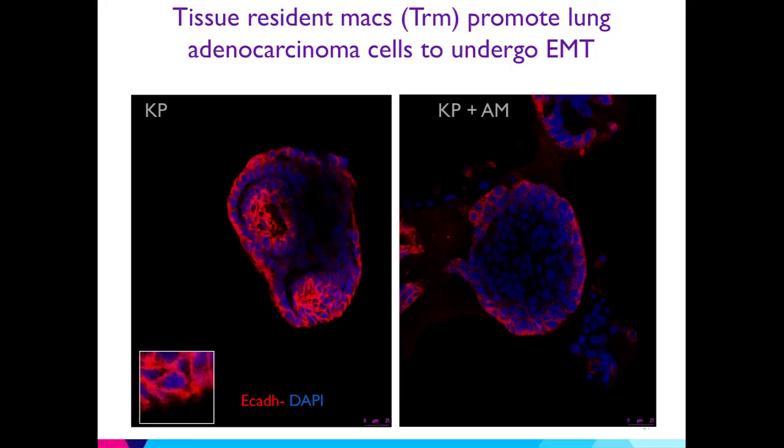And indeed, we found that the addition of alveolar macrophage, again in the same system, strongly reduced the expression of E-cadherin, which is an epithelial marker, potentially contributing to this EMT transition. You reduce your epithelial marker and start expressing mesenchymal marker, which allows you to be much more motile.